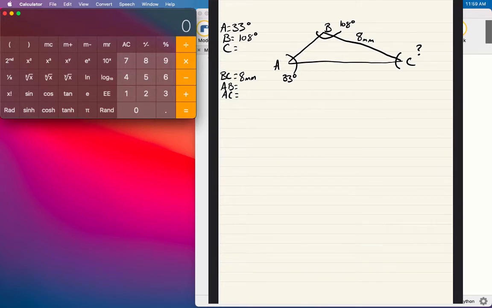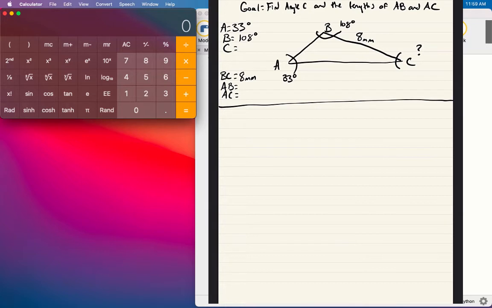So what's our goal? Our goal, and I'm just going to write that up here too: find angle C and the lengths of AB and AC.